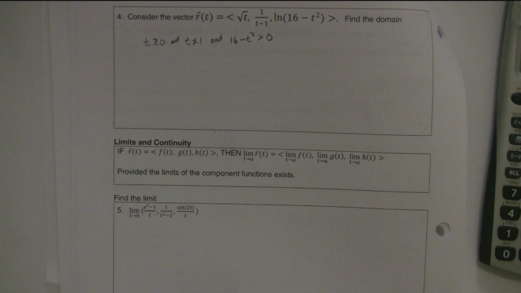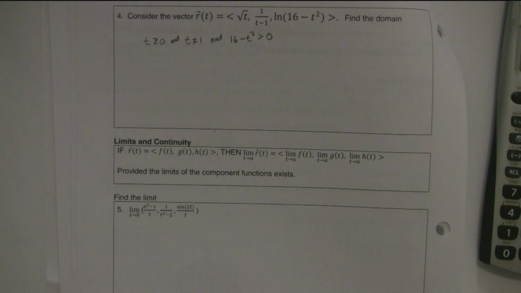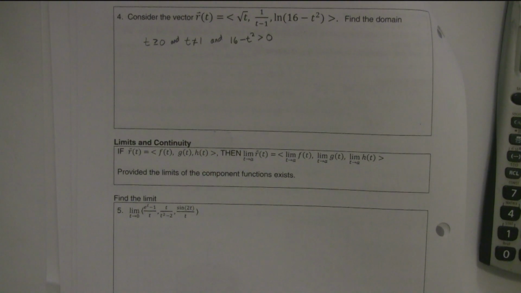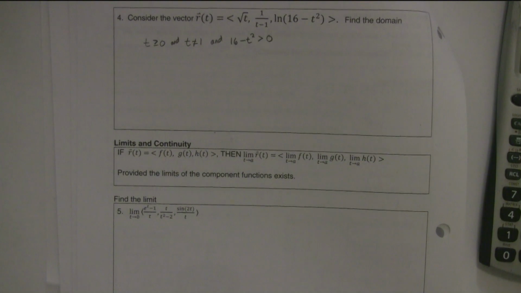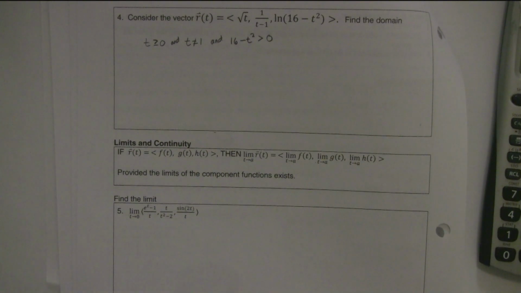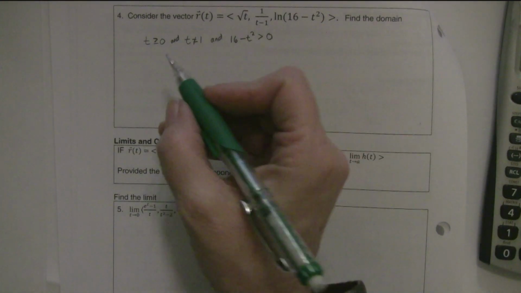I like to solve them on a number line, but you do you. You can solve it however you want. And means that it has to meet all three conditions. It can't meet only two or only one of the conditions, because if it does, it'll make one of the parts undefined.